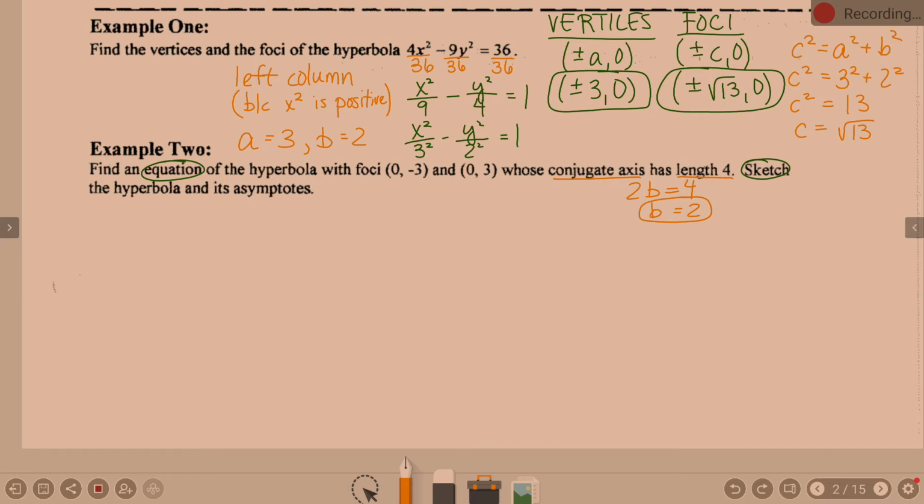These foci are in the form 0, plus or minus c, aren't they? And so what do we know c is? 3. C is 3. What else do my foci tell me? This is a right column problem because of this form here.